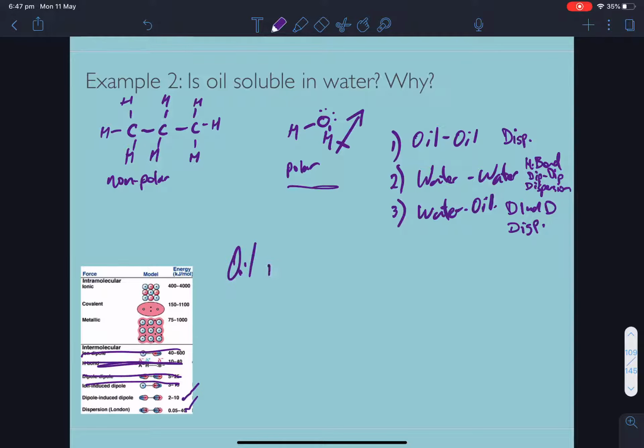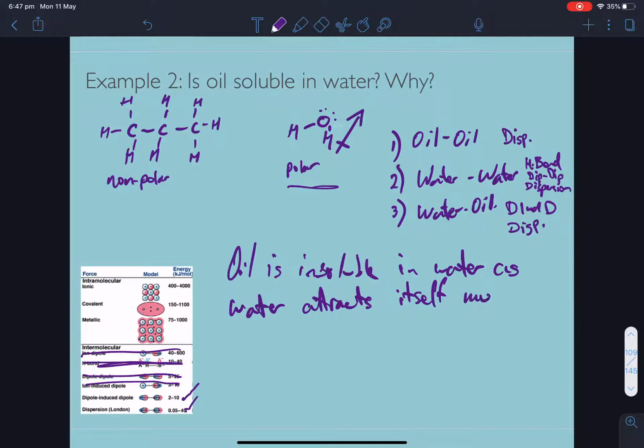So oil is insoluble in water as water attracts itself much more strongly than oil to water and oil to oil.